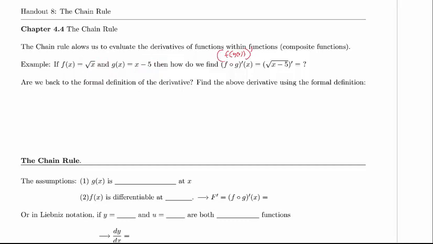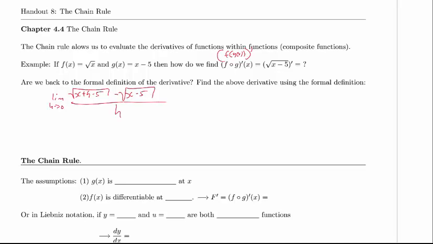So how do we get through to this? Well, we are going to be appealing to the formal definition, maybe, where we go, okay, well, what would this look like? Because we don't have a theorem. Well, if we were to do that, we would say the limit as h approaches 0 of the square root of x plus h minus 5, minus the square root of x minus 5, all divided by h.